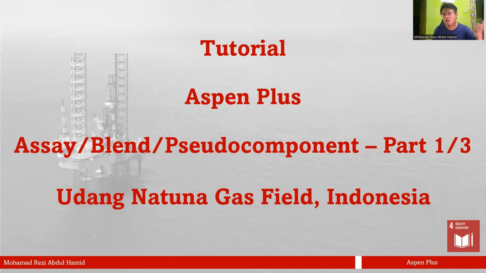For example, maybe you have a crude oil from different gas field, or you want to specify kerosene, you want to specify jet fuel type A1, for example. You want to specify naphtha, you want to specify diesel, wax, basically any fraction of hydrocarbon mixture or petroleum product, if you will.